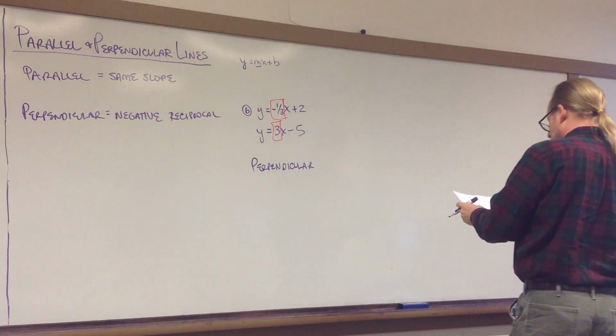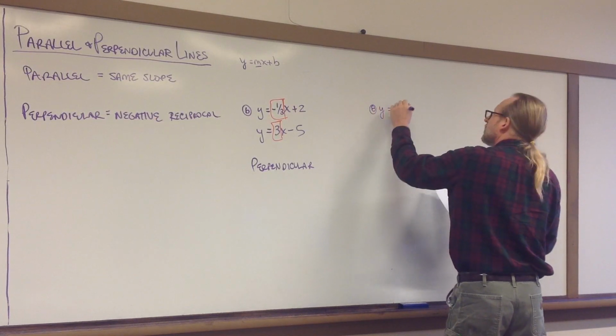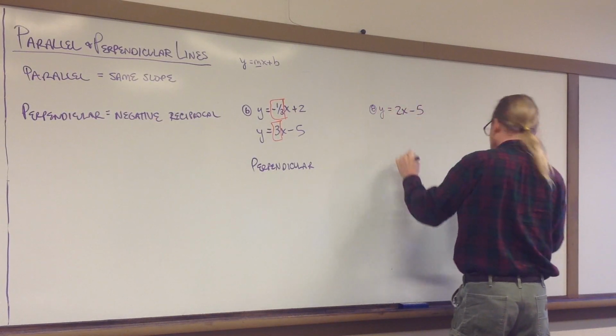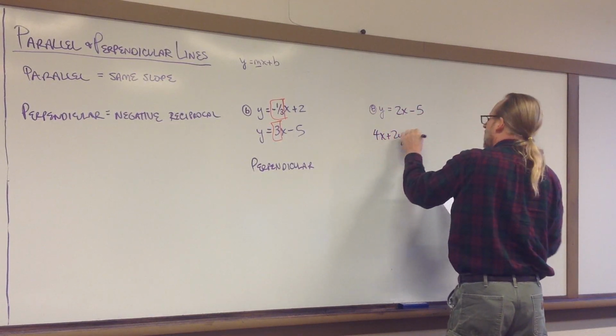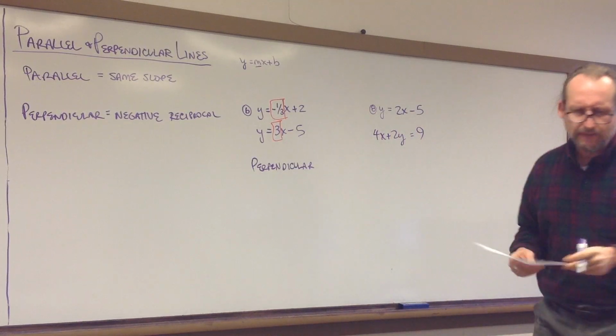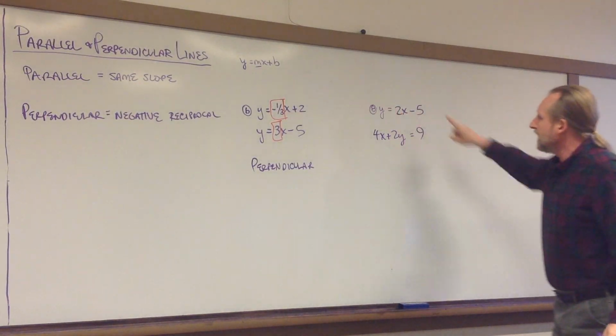Problem 8, y equals 2x minus 5, and 4x plus 2y equals 9. Okay, so for this one, this is in slope-intercept form, that's nice.